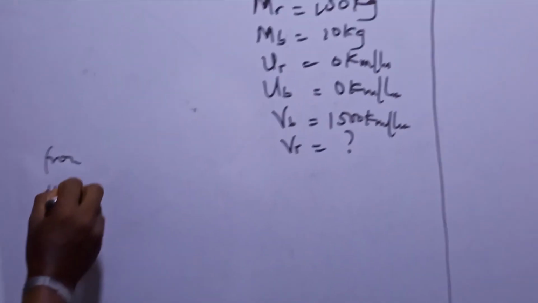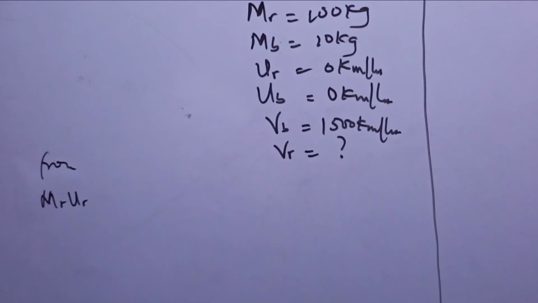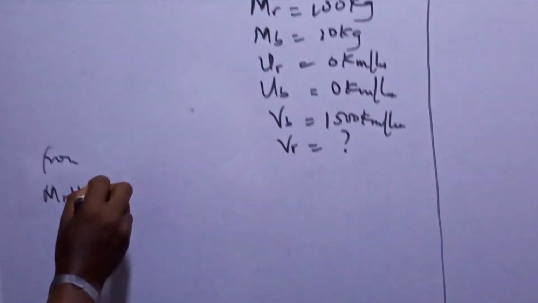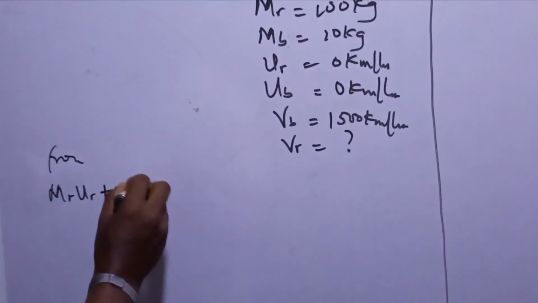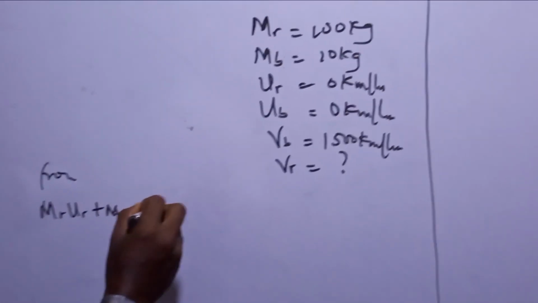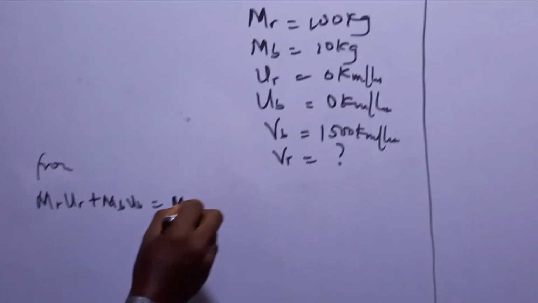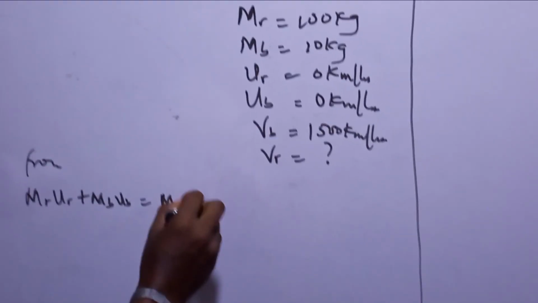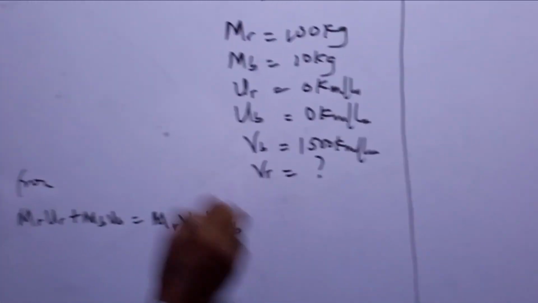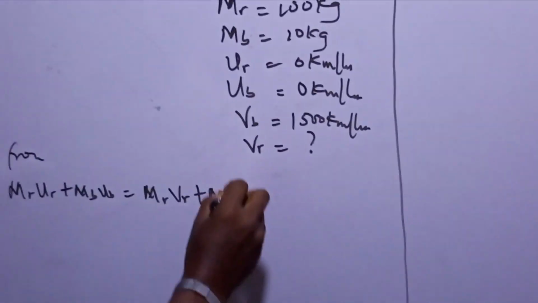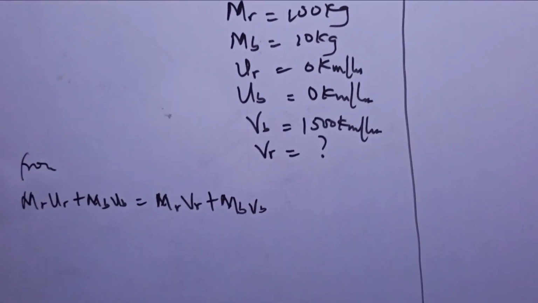Now we have, from mass of rifle multiplied by initial velocity of rifle plus mass of bullet multiplied by initial velocity of bullet equals mass of rifle multiplied by velocity of rifle plus mass of bullet multiplied by velocity of bullet.